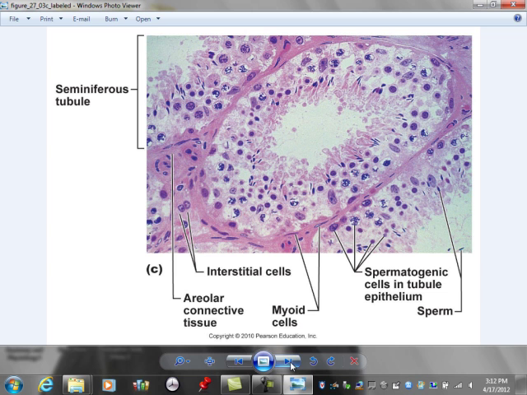What's different about them? Do they have 46 chromosomes? How many do they have? 23. There's my half cell. There's the male's contribution. You with me?